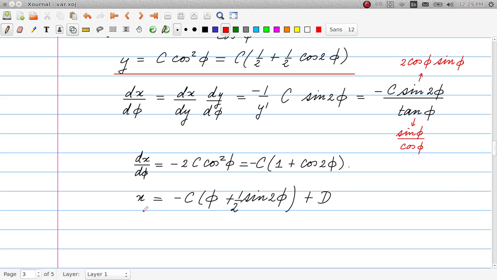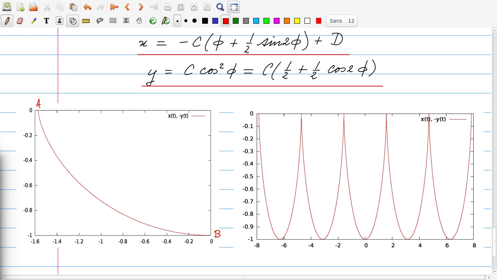So the solution is now given in a parametrized form. The parameter is phi. Here we see y as a function of phi, and this is x as a function of phi, and the solution is thereby given. So here I have repeated the expressions for x as a function of phi and y as a function of phi, and here you see a typical solution.